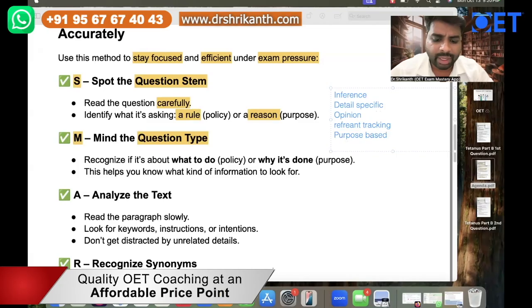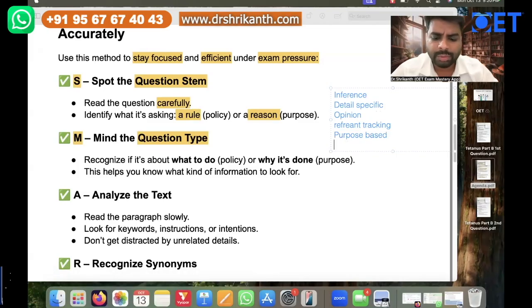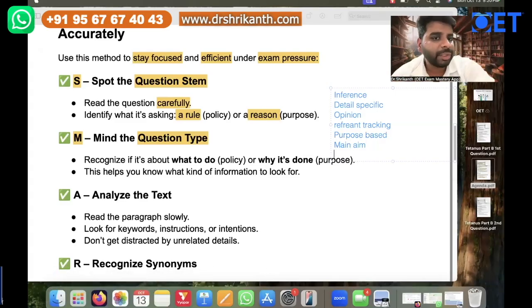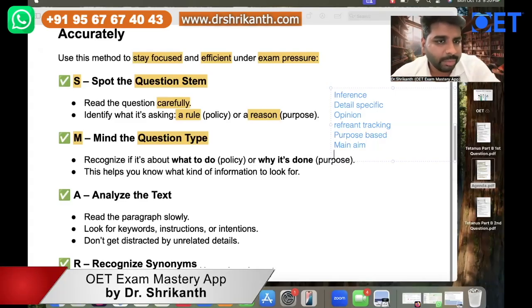And then, as I told you, main concern type. Again, there are different main aim type questions, and again, rules and regulations. So there are different types of questions in reading part B and reading part C.